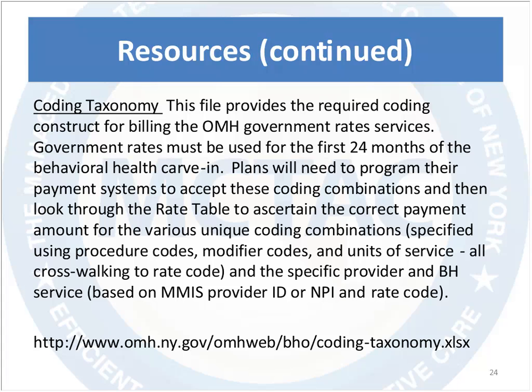So understanding the taxonomy, understanding the coding combinations will be key. Again, I believe that the combinations in the current fee-for-service structure that you're able to bill will convert over to the managed care. For the conversion of the home and community-based services, these will be new coding structures, new units of service, new modifiers that you need to be aware of.